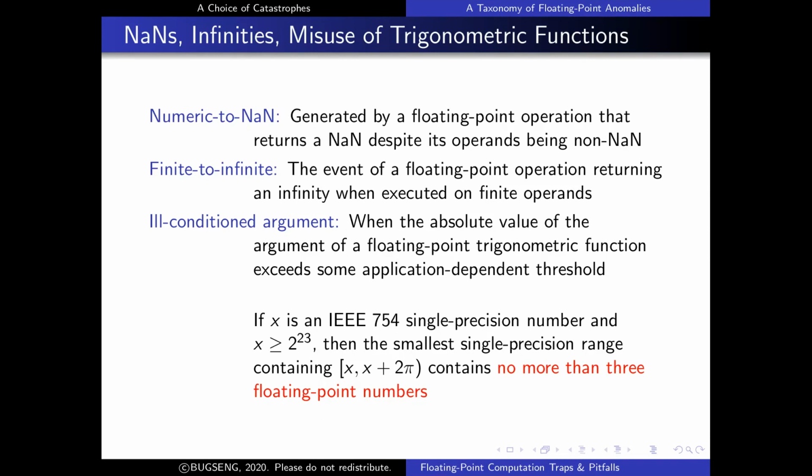In single precision, for example, when you have a value that is 2 to the power of 23, so what is this, 8 million? Well, you just have 3 floating point numbers or fewer in a cycle of the trigonometric function.